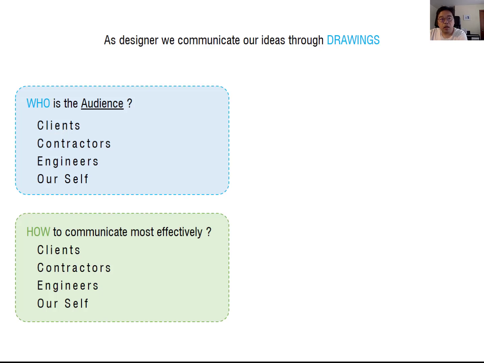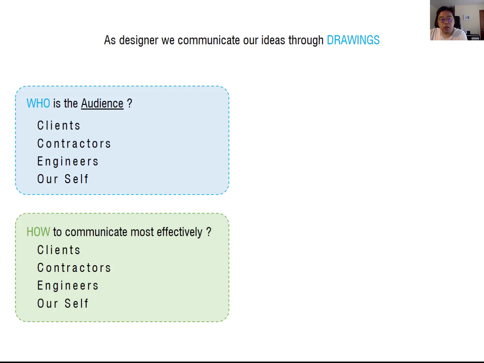You have to indicate all this information to build the project. They also want to see these drawings to estimate the construction cost. So you have to include all detailed information for the contractor and engineers.